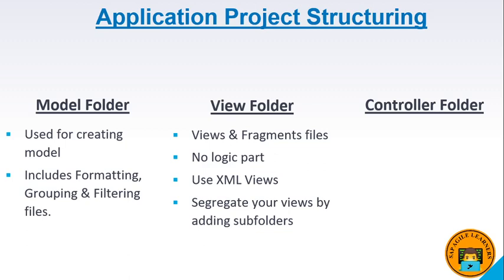For now, just understand fragments are lightweight UI components which are reusable. They are similar to views but don't have any control. The view folder does not contain any logic part.